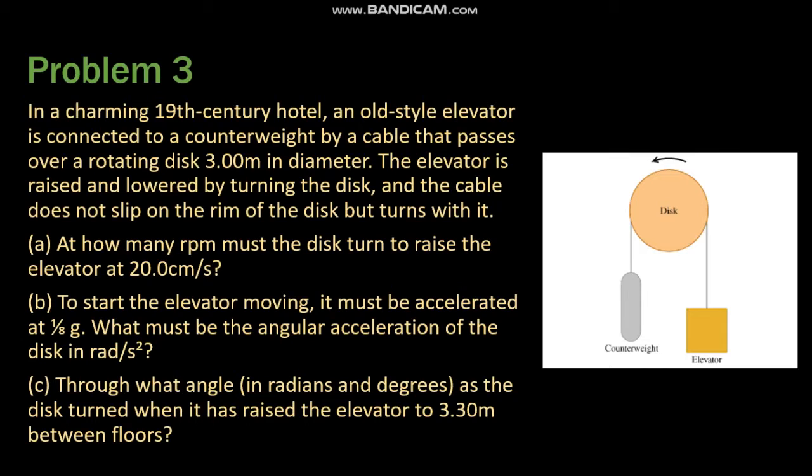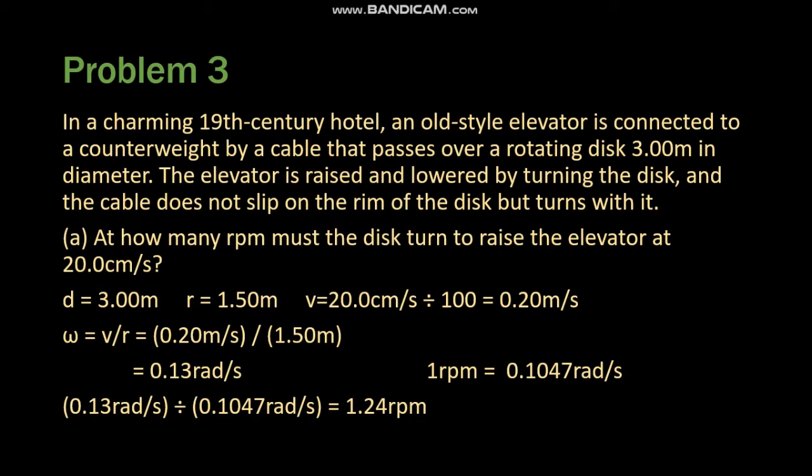We also have three items for problem number 3, namely A, B, and C. Let's head first for letter A. At how many RPM must the disc turn to raise the elevator at 20 centimeters per second? So it's asking for revolutions per minute.